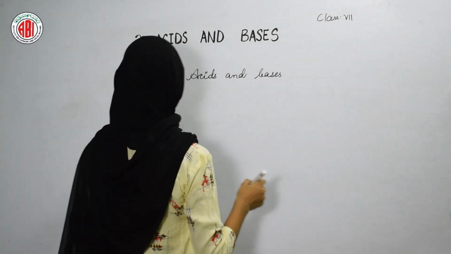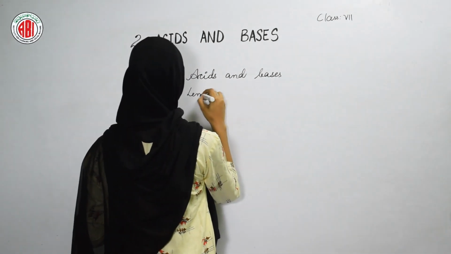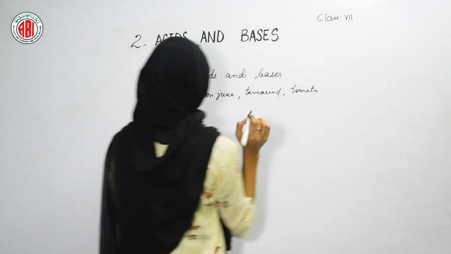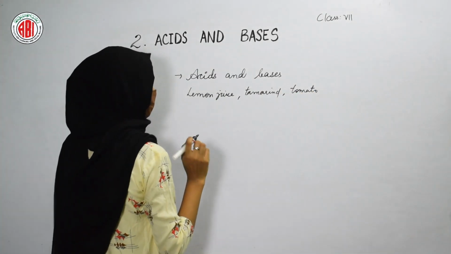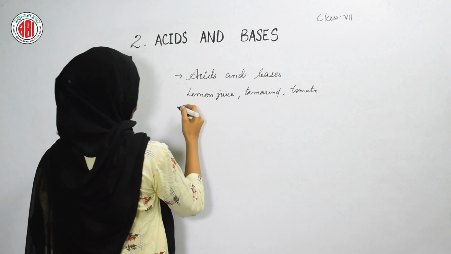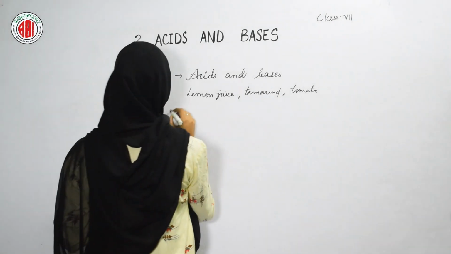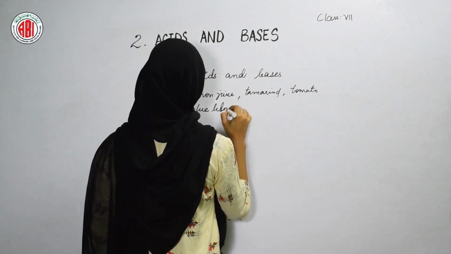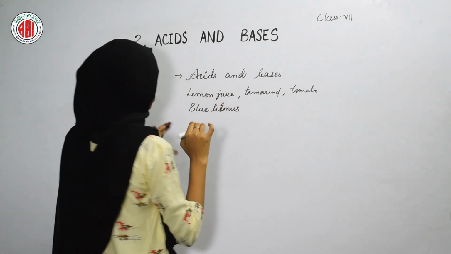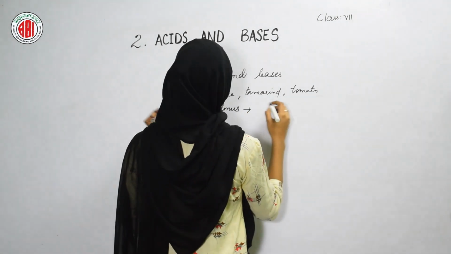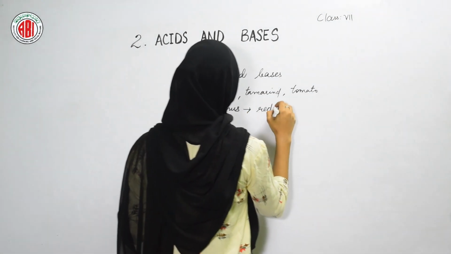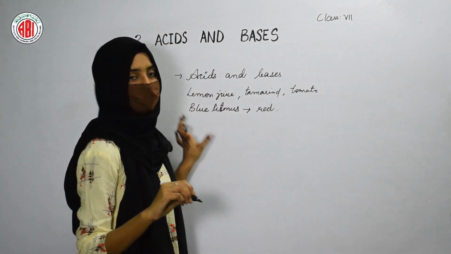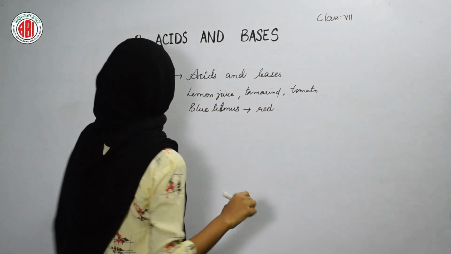Now take some sour food items like lemon juice, tamarind and tomato, and test these food items with the natural indicators as well as with the red and blue litmus paper. So when we test these food items with the blue litmus paper, then this blue litmus turns into red color. Whenever the blue litmus turns to red, then those food items are acidic in nature.